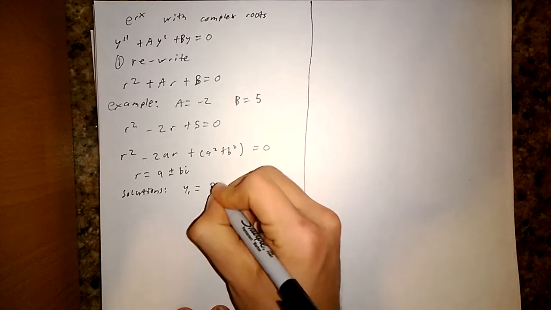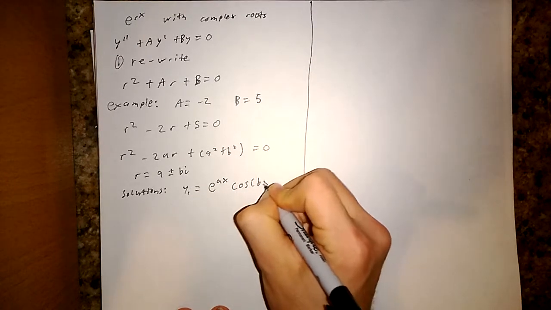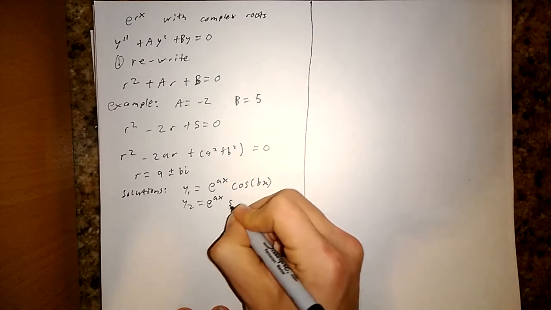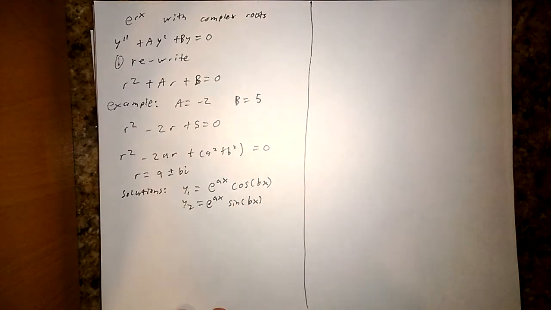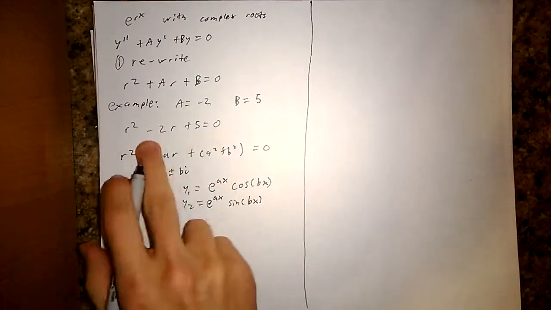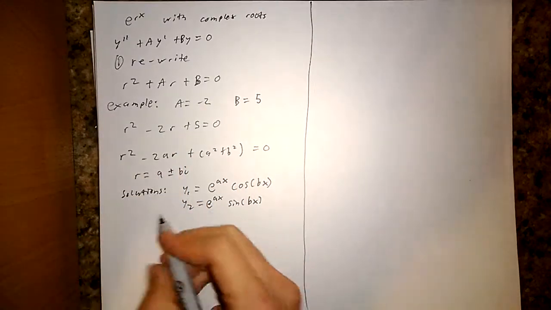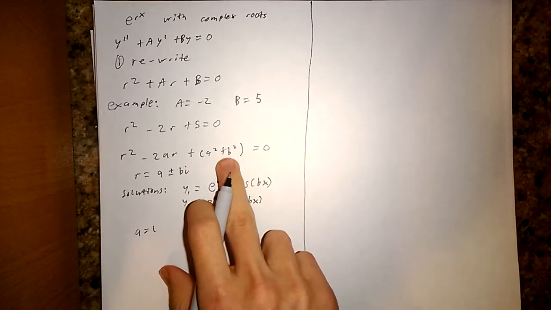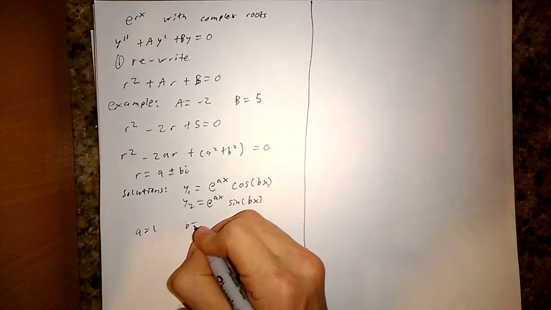y1 equals e to the ax cosine bx. y2 equals e to the ax sine bx. Now we're going to solve this problem using this equation. We see that a has to be 1 to satisfy this equation, so we have a equals 1, and in this case 1 squared plus b squared equals 5, so b squared equals 4, which means b equals 2.